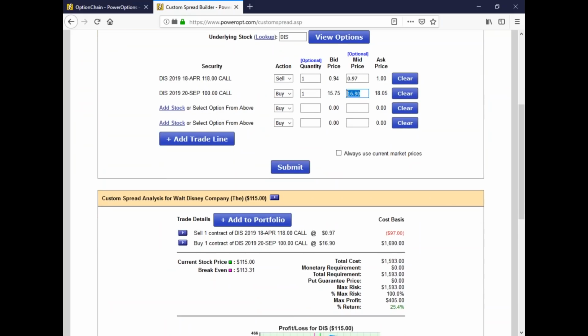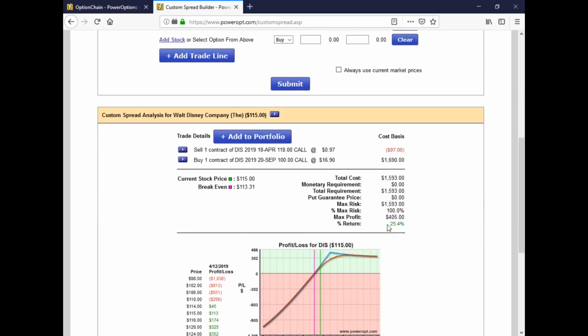Okay, we're grabbing the midpoint here at 1690. It's a wide bid-ask spread, isn't it? 1575 to 1805. It's about $2.30 bid-ask spread. Reasonable return for what we look for in a diagonal. We know we have 100% risk on this position, but the stock would have to fall significantly to realize that.